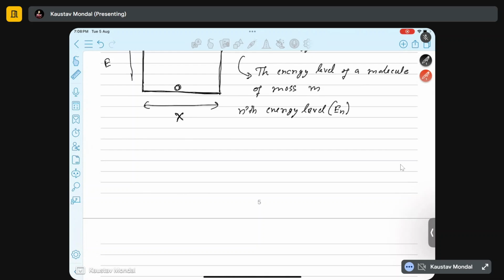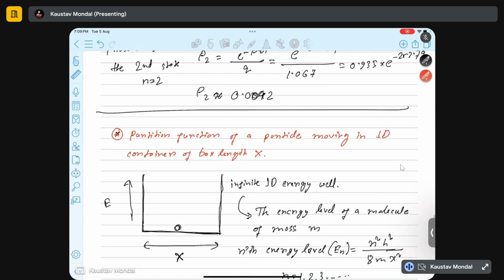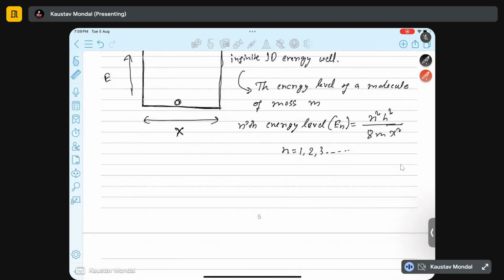En would be simply n square h square over 8 m x square, where h is the Planck's constant here and n can take values 1, 2, 3 and so on.